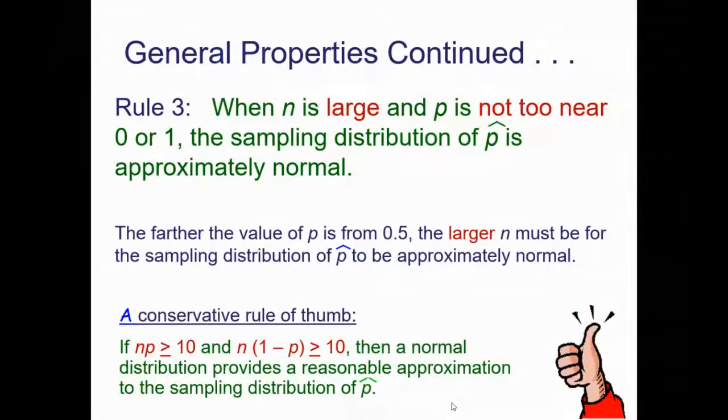A conservative rule of thumb is if n times p, our sample size times our population proportion, is greater than or equal to 10, and n times 1 minus p is greater than or equal to 10, then a normal distribution provides a reasonable approximation to the sampling distribution.